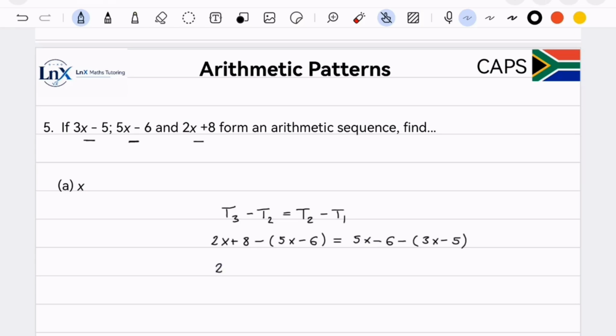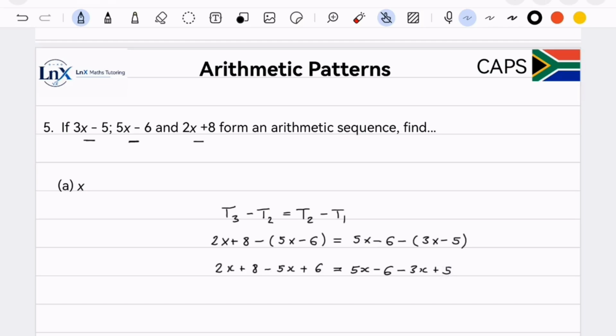So we basically have 2x plus 8 going to be minus 5x. Then negative by negative will be positive, so that's plus 6. Then we have 5x minus 6. This will be minus 3x. Negative by negative, that's positive 5. Right.